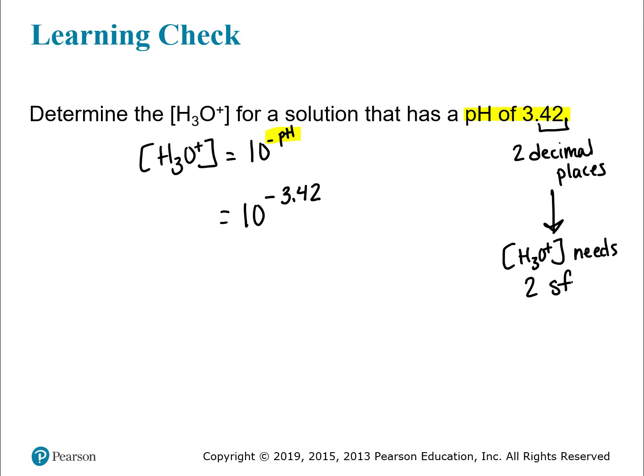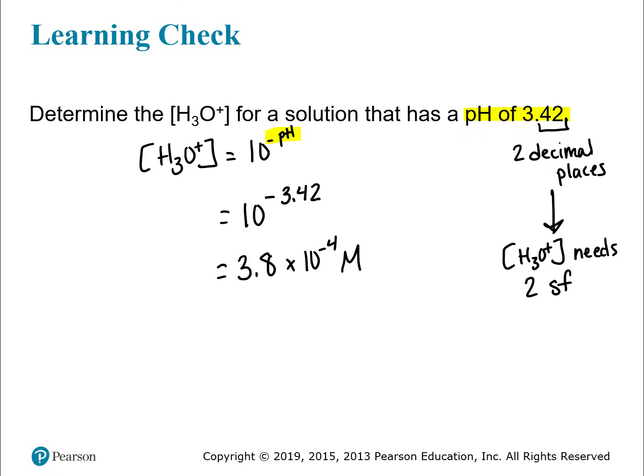So when you put this into your calculator, you should have 2 sig figs and this should be what you get, 3.8 times 10 to the minus 4, and the units here for the concentration is molar. So when we're talking about hydronium or hydroxide concentration, molar.